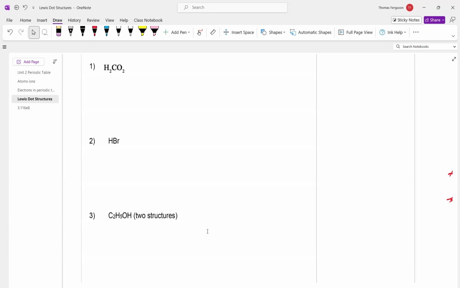So do the same thing with oxygen over here. Put the pairs on the outside, the singletons in the middle. Just like that. Now we have 2 hydrogens to deal with. Put the dots on the hydrogen.